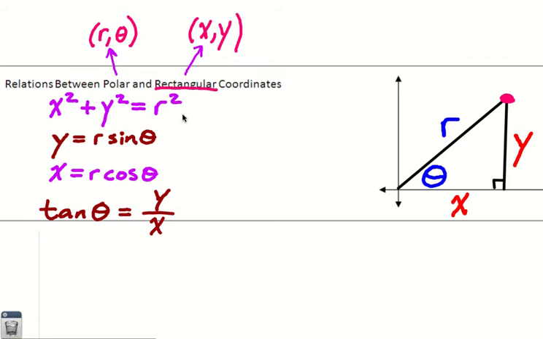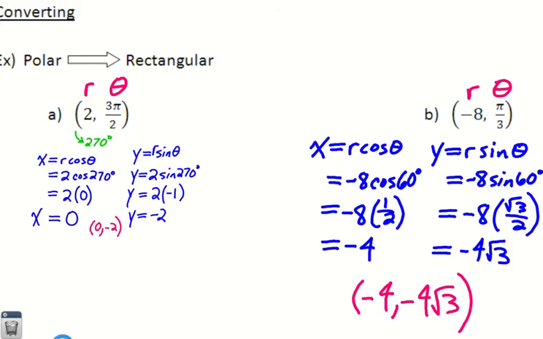We're going to use this one and this one. Again, if what you are told is x and y, looks like this one would allow you to figure out r. And if you were given x and y, it looks like this formula right here, this little equation, would allow you to find theta. So here we go. Let's put that into action.